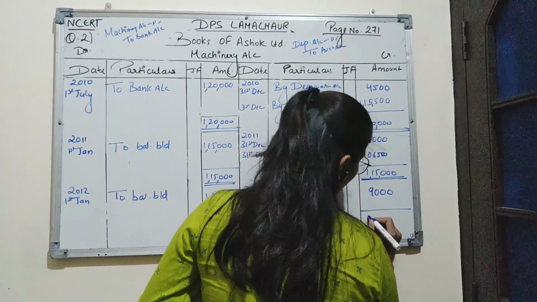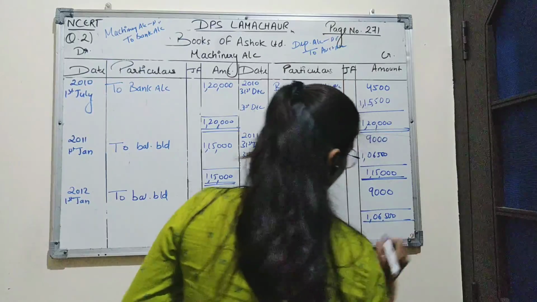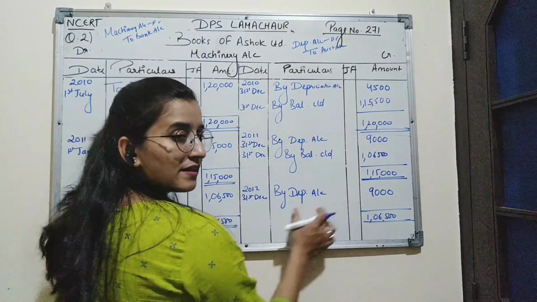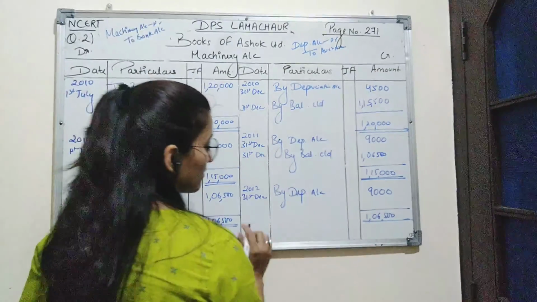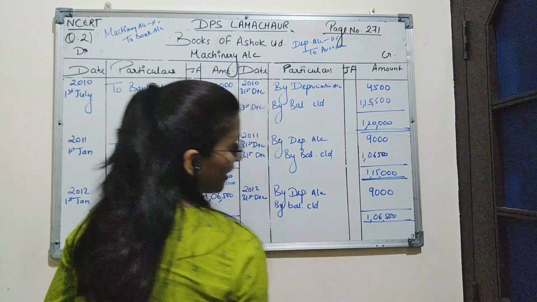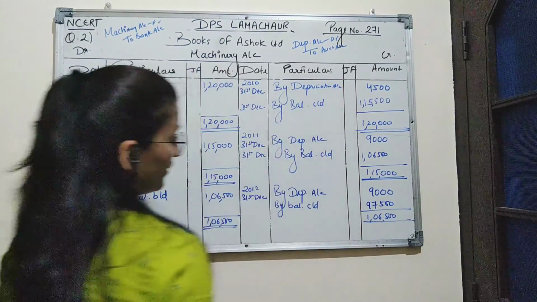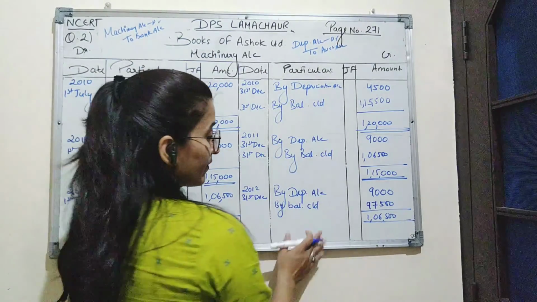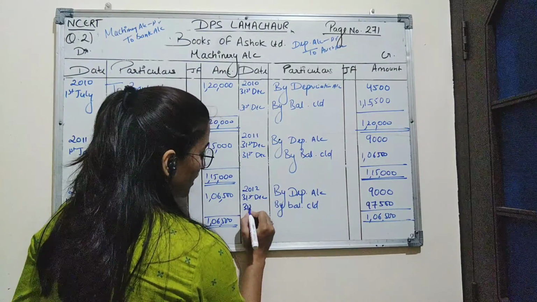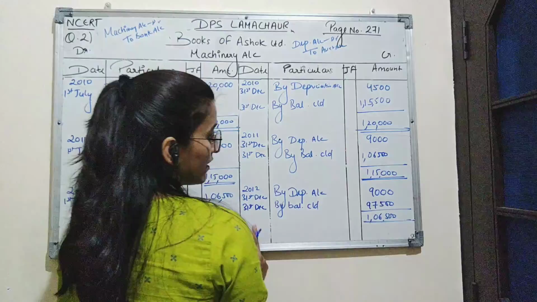We'll write this total on credit side also, 1,06,500. So the balancing figure is considered as closing balance. We write the closing balance as by balance carried down, 97,500. This means the value of machinery on 31st December 2012 is 97,500.